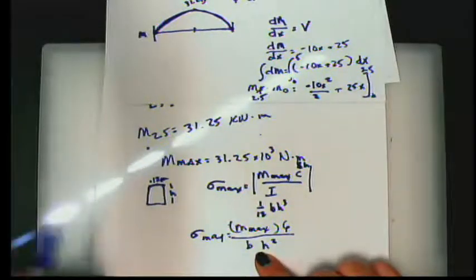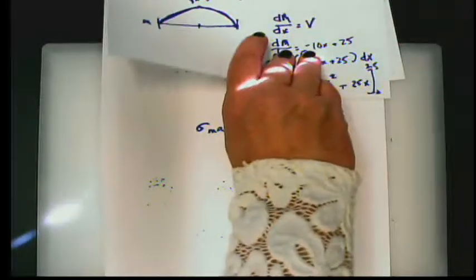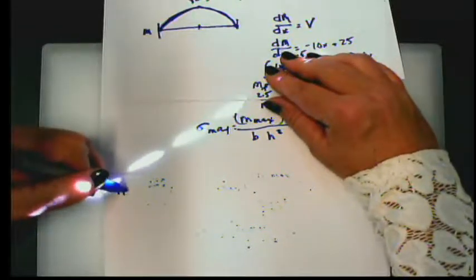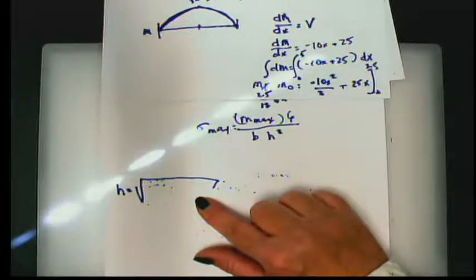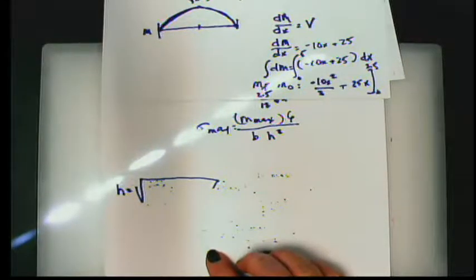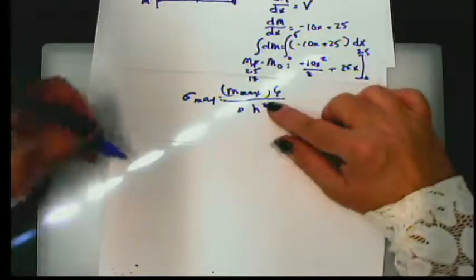And so my equation is similar to the last equation, which is the height is actually equal to the square root of, I don't want to do it that way, sorry. I didn't write it down in a form that I can pick it up really quickly. So let's just go ahead and run through this.